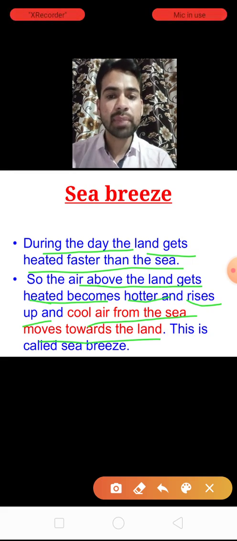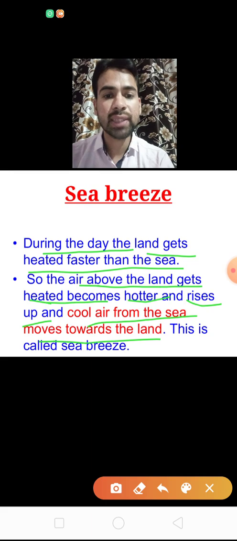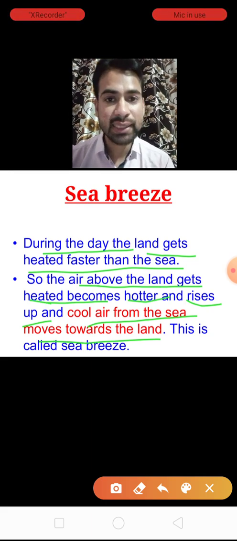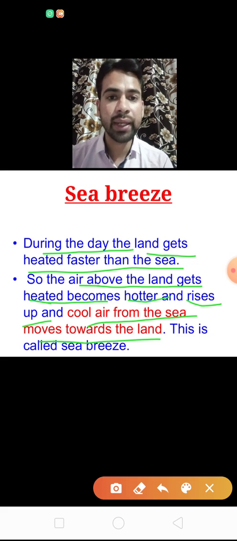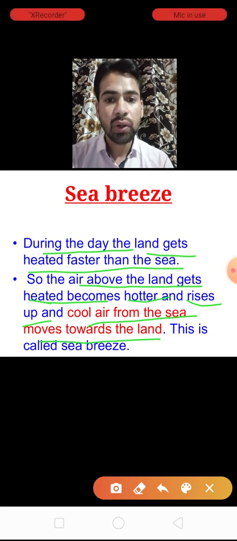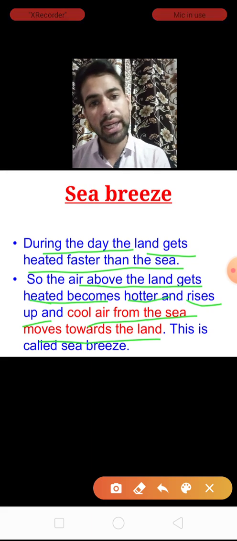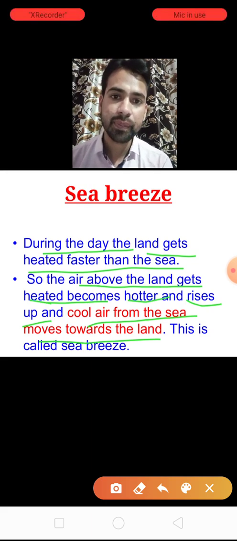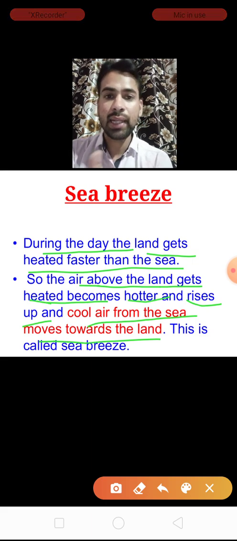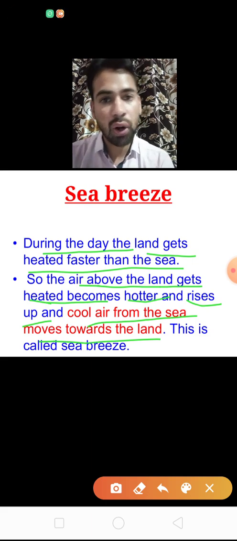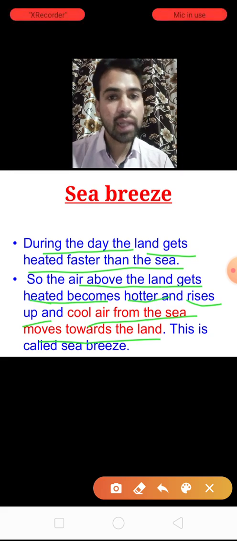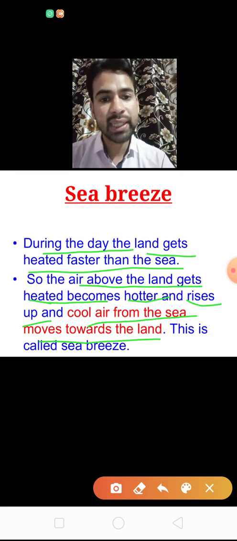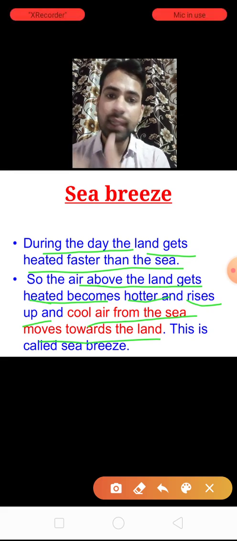Cool air from the sea moves towards the land. So children, in sea breeze we can say that the cool air from the sea moves towards the land. That is the conclusion of sea breeze. Because on land the air is hot, but over the sea the air is cool, so the cool air from the sea will move towards the land.